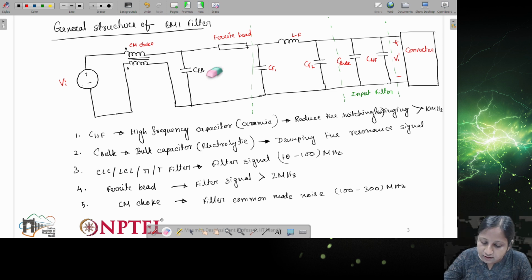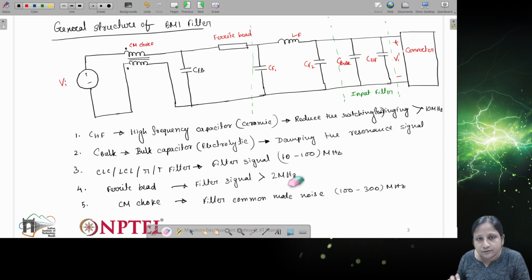It is connected there because the CM choke is already an inductor and the ferrite bead is again coming after this. That is why one capacitor component is provided, so that the two inductors will not come in series with each other. The signal which passes through the CM choke will go to CFB, and after that the same signal will pass through the ferrite bead in order to reduce these different noises.